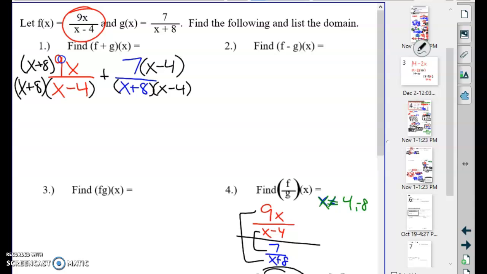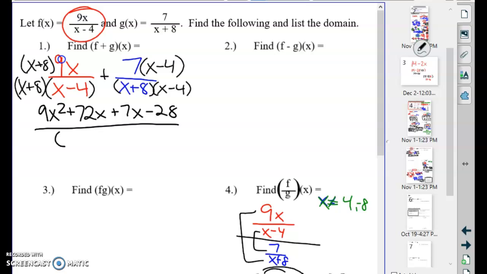So as I look across the top, now I'm going to distribute that through. So I get 9x squared plus 72x plus 7x minus 28. And that's all over x minus 4, x plus 8. It doesn't really matter what order you put the x minus 4 and the x plus 8 in. Either way is fine because the commutative property says you can multiply in any order.